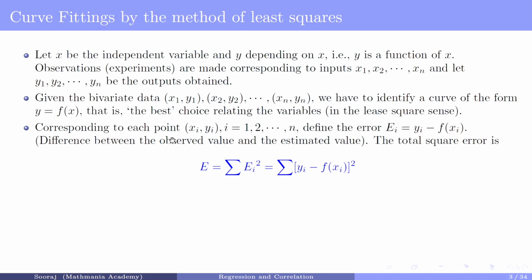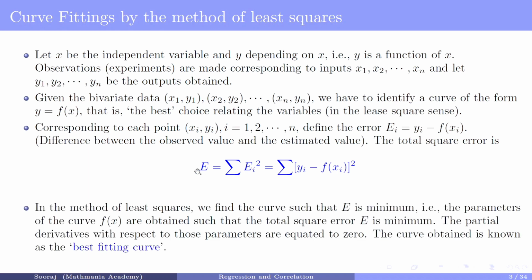This difference is the difference between the observed and the estimated value, and the total square error is the sum of all the individual errors. In the method of least squares, we are trying to identify one such curve of the form y equals f of x, such that this e is minimum.